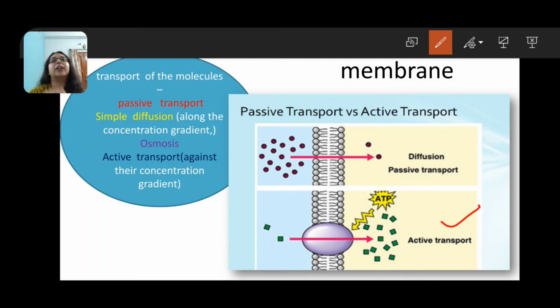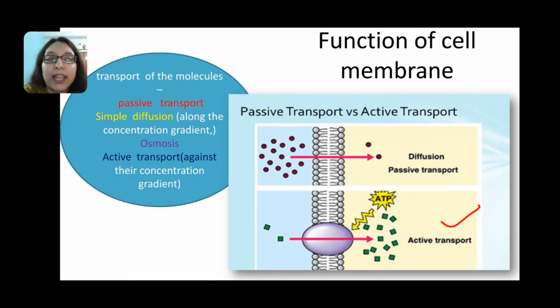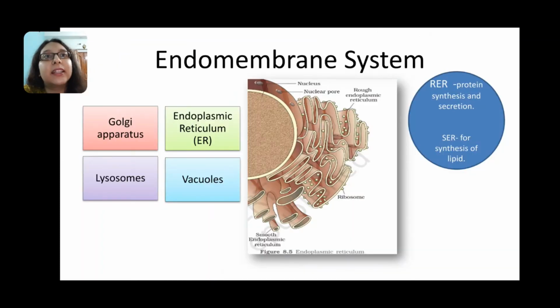Whenever a substance tries to move from its lower concentration to its higher concentration, we require a carrier protein to carry it across the membrane. Also, we require ATP, that is energy. So whenever there is use of energy or a carrier protein, that is known as active transport. I think by now it's clear what is the difference between active transport and passive transport in a cell membrane. So let's move to the next slide.